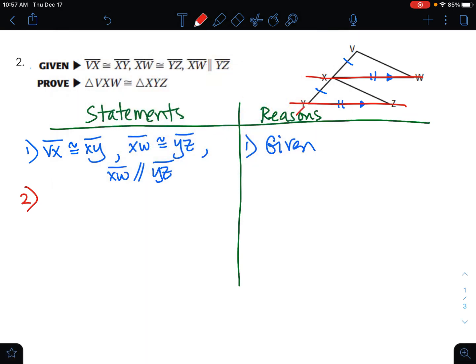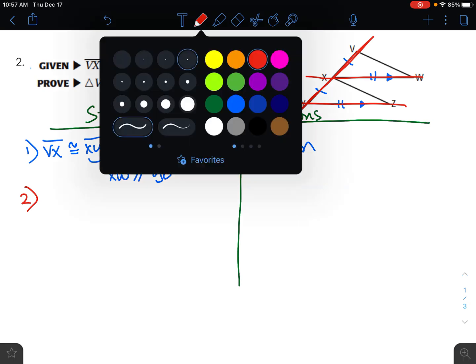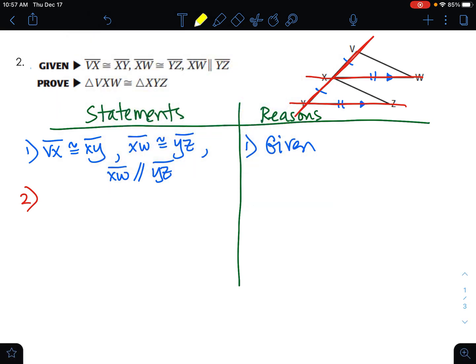Let's look at this transversal. And let's find some stuff. Okay, I just initially mark this. These are corresponding angles. And they are in the 2 different triangles. So that is going to help me get a set of angles.